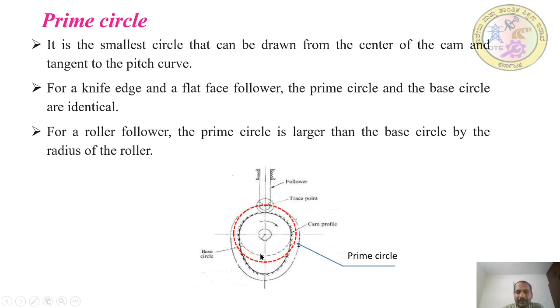So radius of the prime circle is equal to radius of the base circle plus radius of the roller. We know the radius of the base circle and the radius of the roller, so we can calculate the radius of the prime circle.